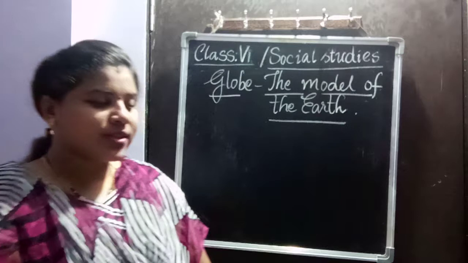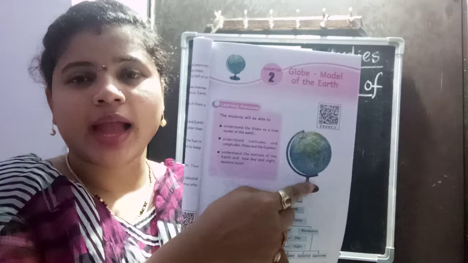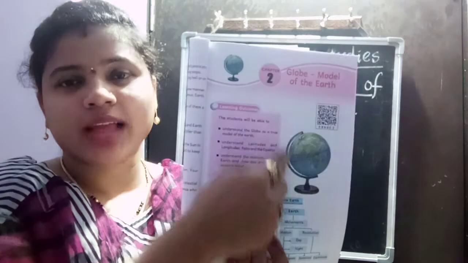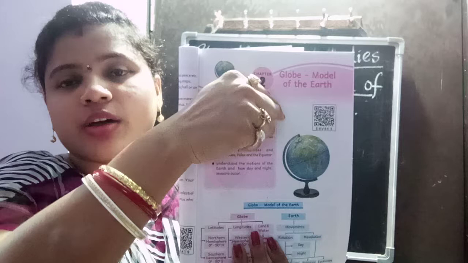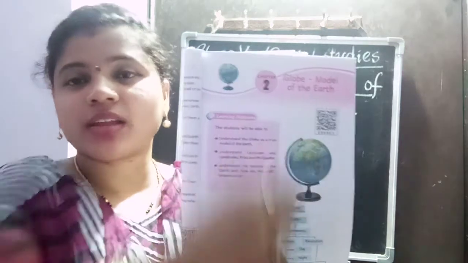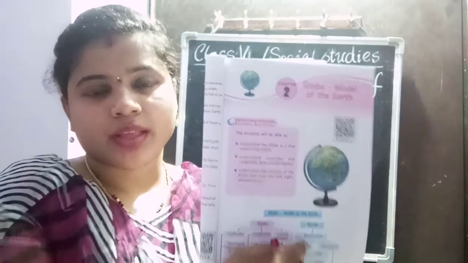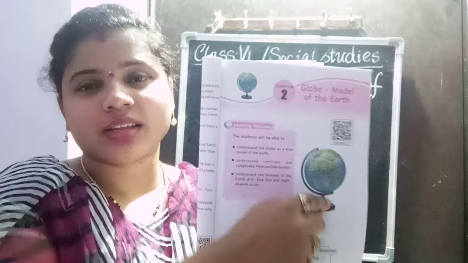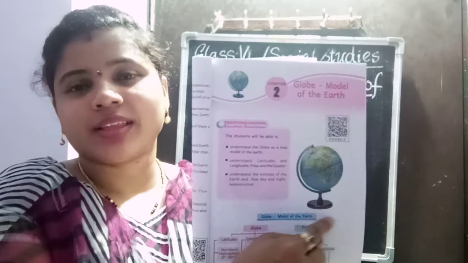Firstly, we see a globe is fixed to a handle like this. There is a handle giving support to this globe. There is a rod inserted inside the globe to give it support, as well as a stand at the bottom.